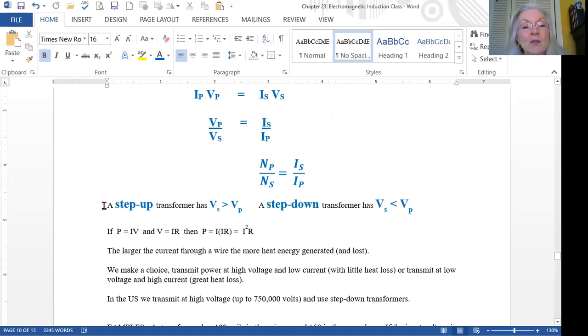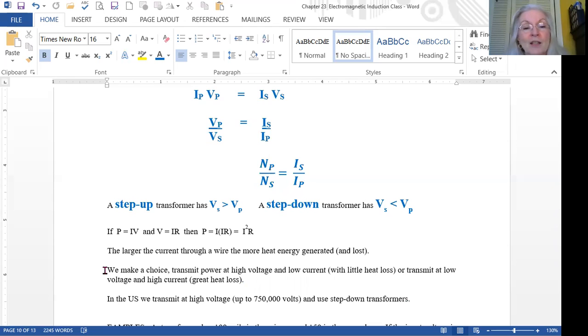A step up transformer, the voltage in the secondary is greater than the voltage in the primary. For a step down transformer, it's just the reverse. So when we're transmitting electric power through the grid, we make a choice. Do we want to transmit it at high voltage and a low current, or at a low voltage and a high current?